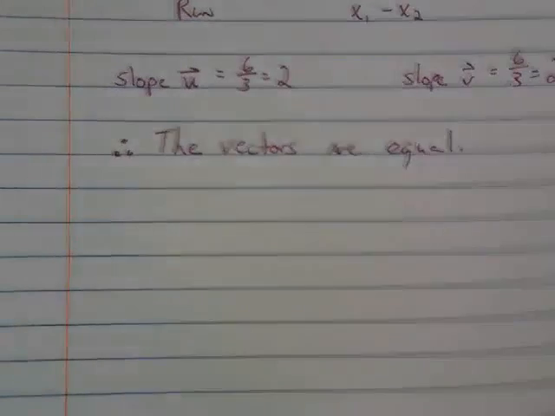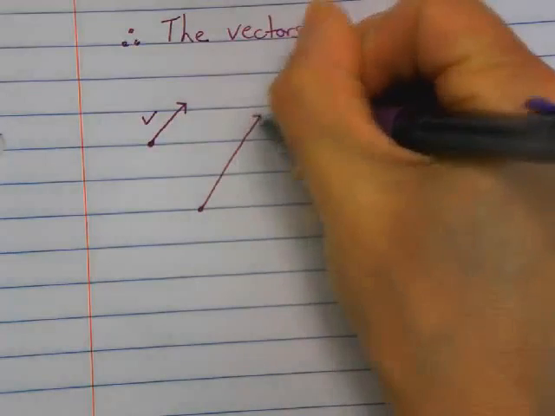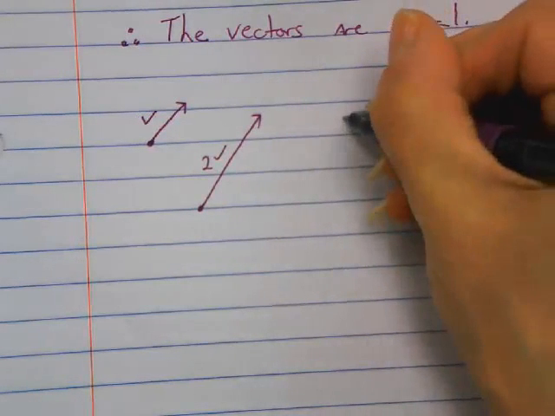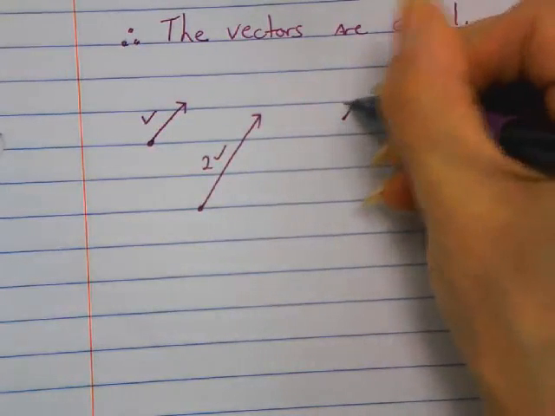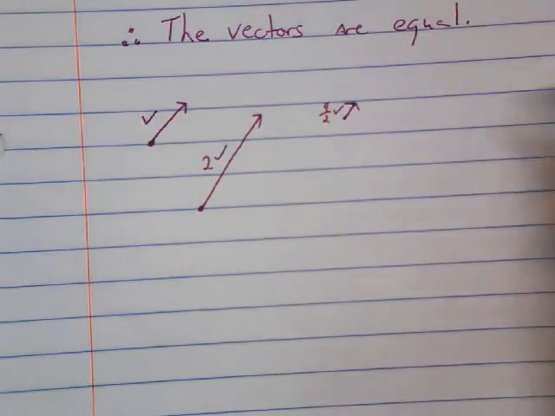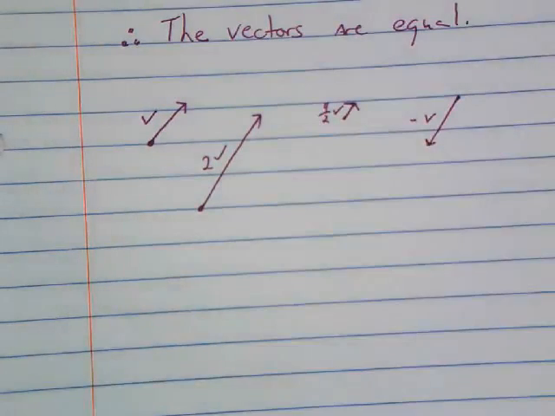Now, let's get a little bit more vocabulary too. If this is vector v, I can double him, so I can make him twice as long. I can make him half his size. I can make him go the opposite direction by changing him.